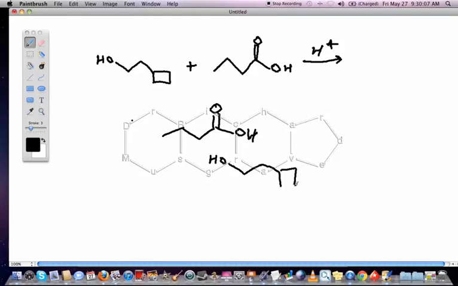Now draw them in such a way that the O from the alcohol is going to be near to the C double bond O. Now you'll know that the C double bond O will join to the O that's on the alcohol, and then what's going to happen is that the OH from the carboxylic acid and the H from the alcohol will form water and will end up joining the C double bond O with the oxygen.